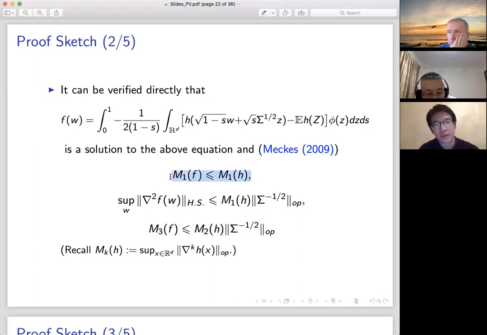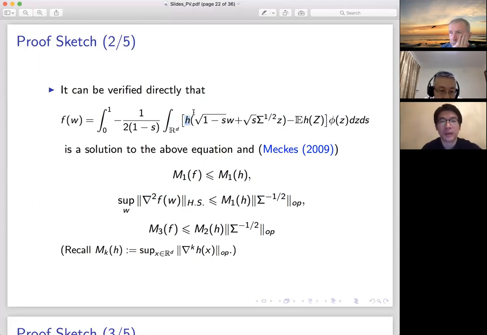Actually, you can easily see these upper bounds from the solution itself. When you take a derivative of f, you have h prime. Then the square root of 1 minus s will come out. The whole thing is integrable. That's why you have this. When you want to associate the second derivative of f with the first derivative of h, you will have this h double prime.